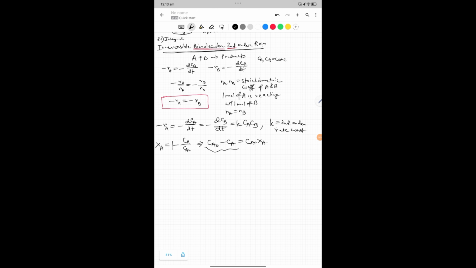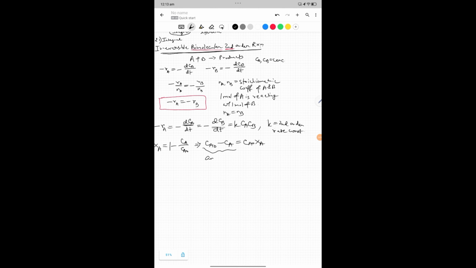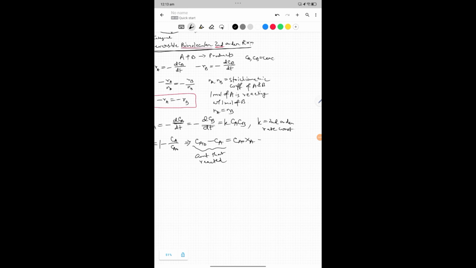What is this CA0 minus CA? It is the amount that has reacted. So from here I can write CA is equal to CA0 minus CA0 times XA.